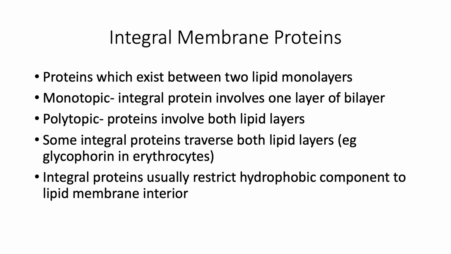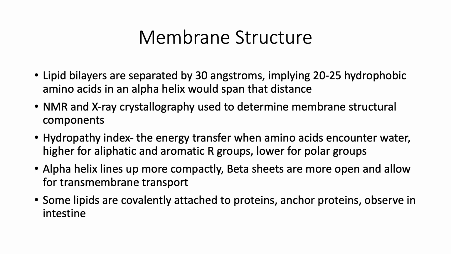Some examples of ones that traverse both lipid layers are glycophorin that you see in erythrocytes, and oftentimes, as stated, the integral proteins restrict the hydrophobic component to the interior. Lipid bilayers are separated by about 30 angstroms, which implies about 20 to 25 hydrophobic amino acids in alpha helix, and that would span that distance.